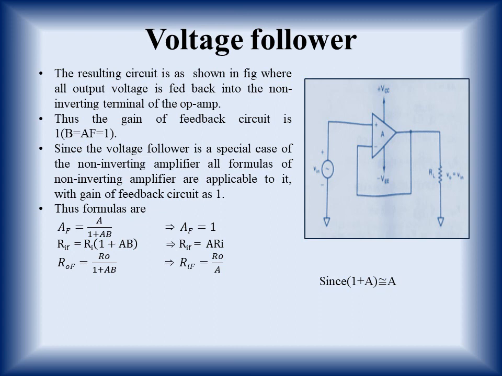In the same way, ROF in case of voltage follower is RO upon A. Bandwidth can be written as FF is equal to A times F naught, and output offset voltage can be written as plus minus Vsat upon A. Here in all these equations we have placed B equal to 1, and 1 plus A is approximately written as A.